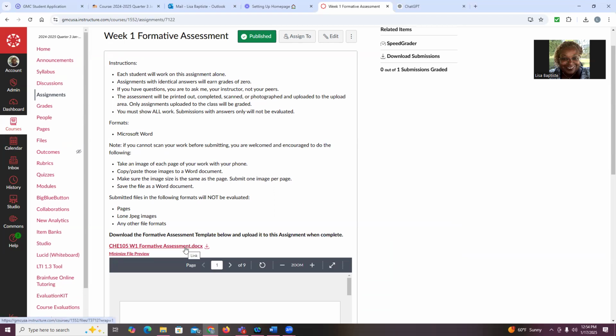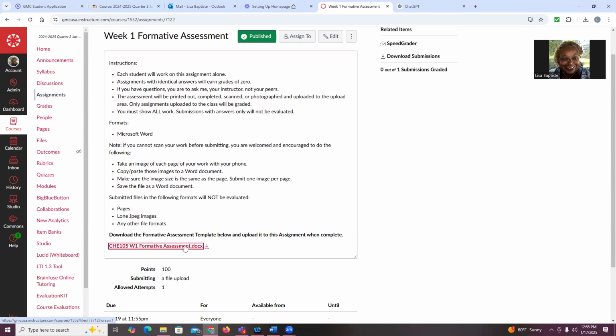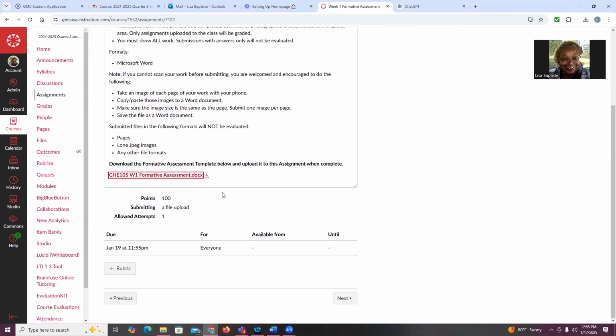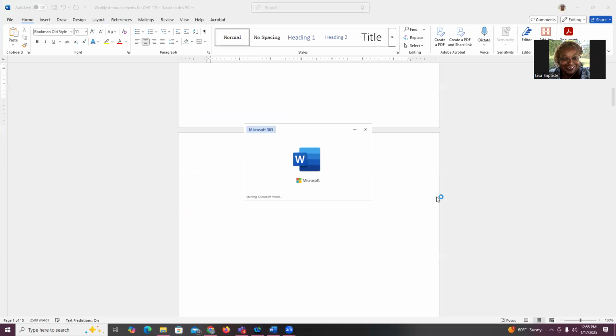But here, this Word file, you want to click on and it's going to download it. Okay. It does come in as a pop-up, so you want to make sure that you enable pop-ups on the device that you're using to do your assignments.